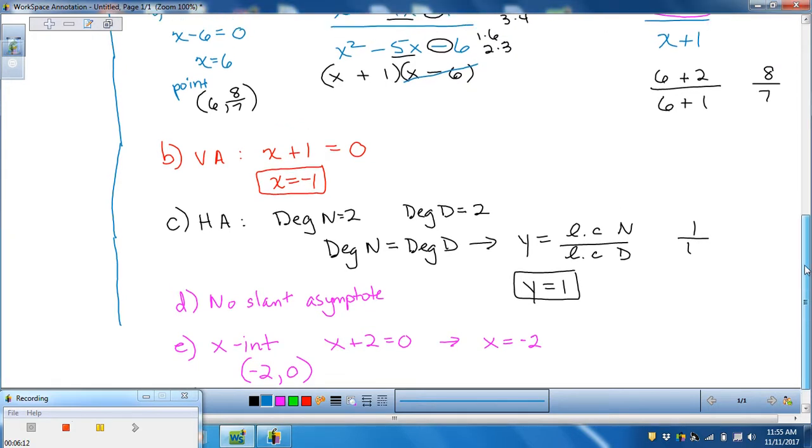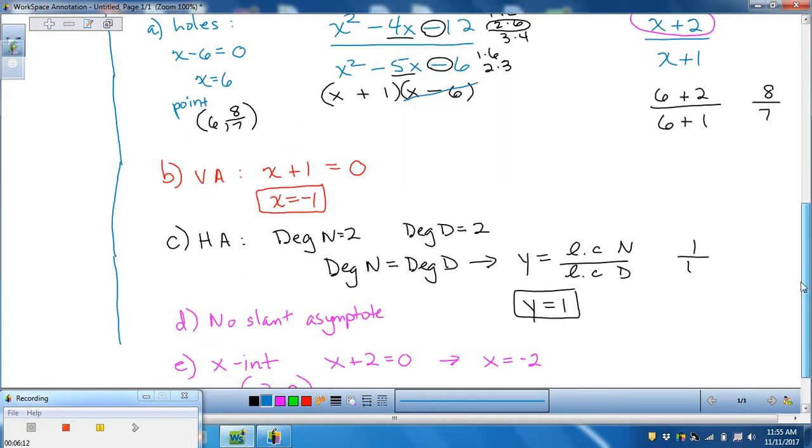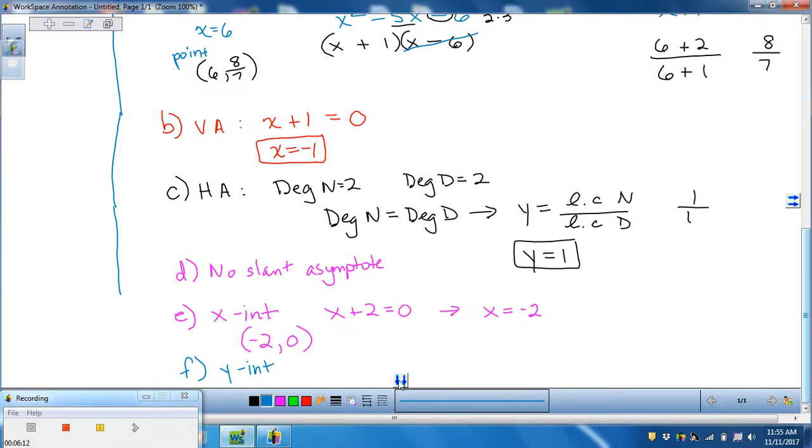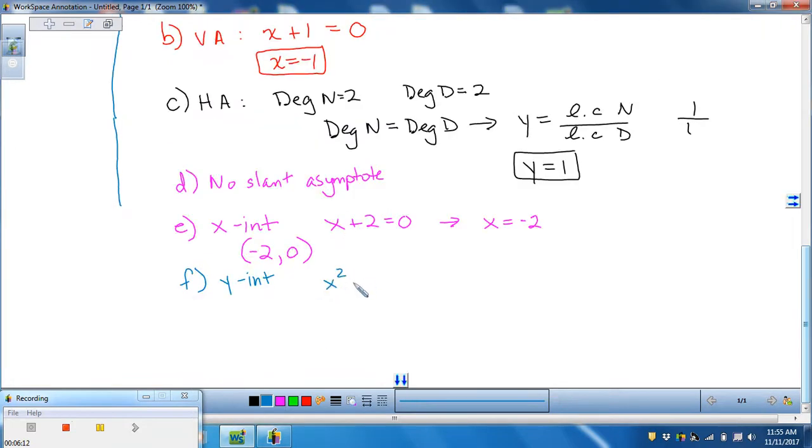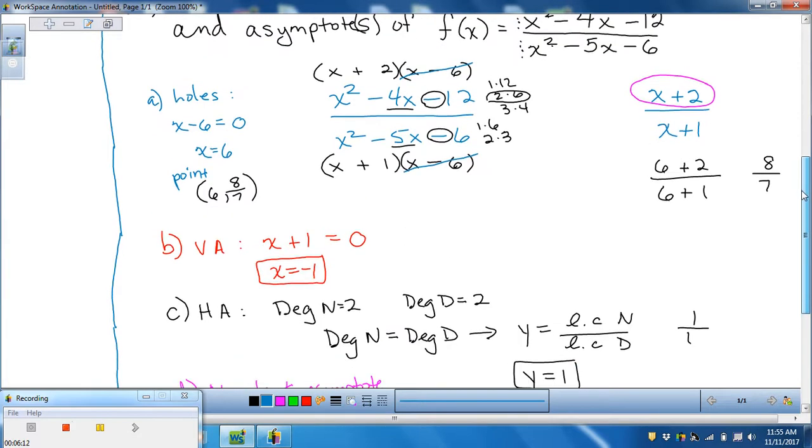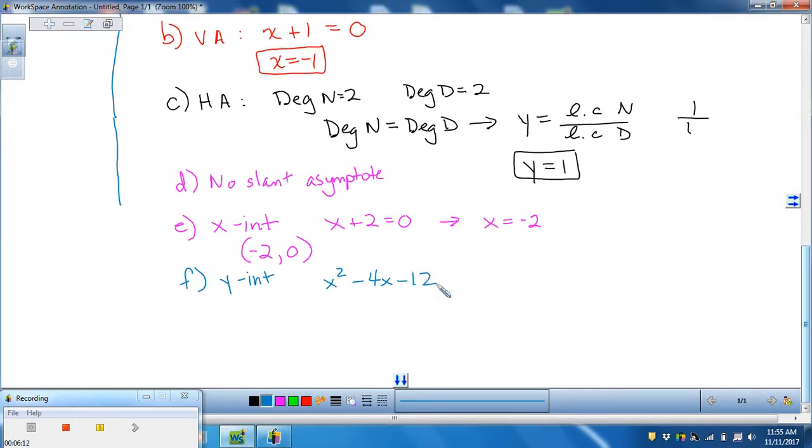Now we can determine our y-intercept by taking our original function and plugging 0 in everywhere there's an x. So our original function was x squared minus 4x minus 12 over x squared minus 5x minus 6.